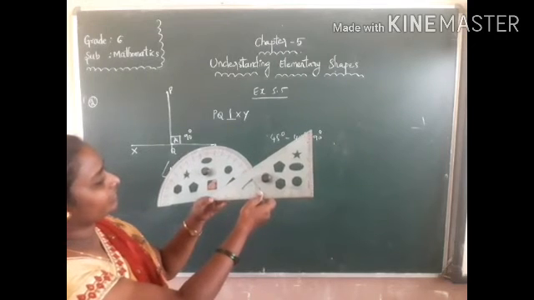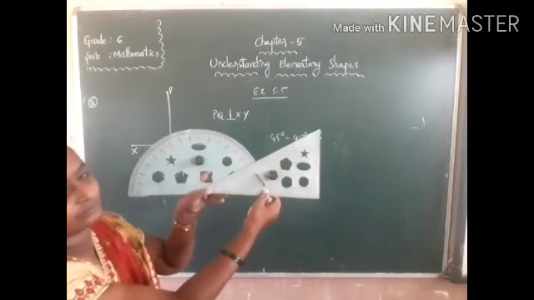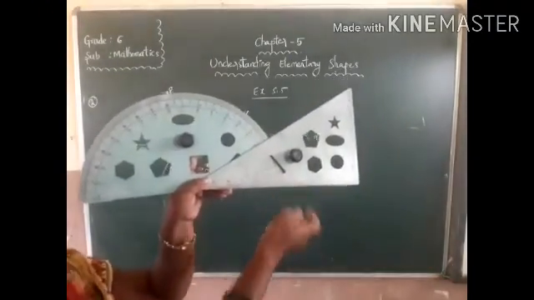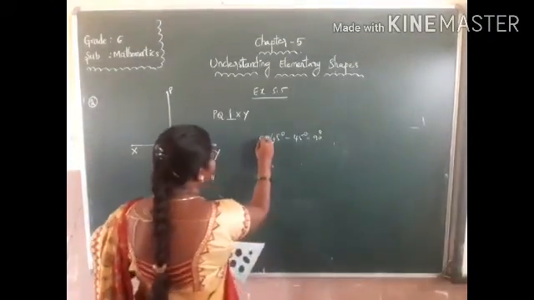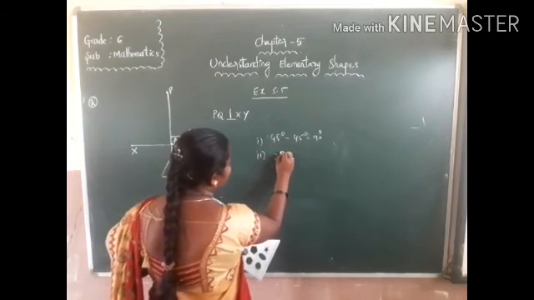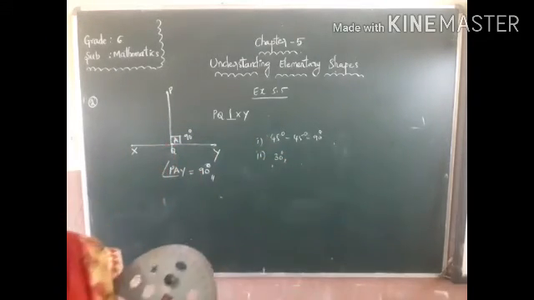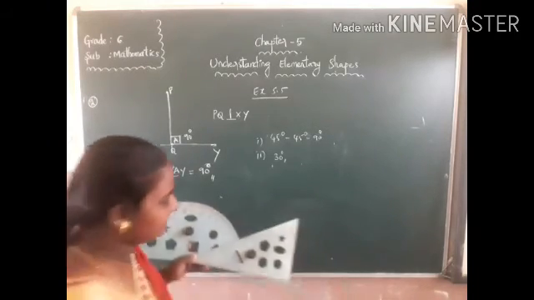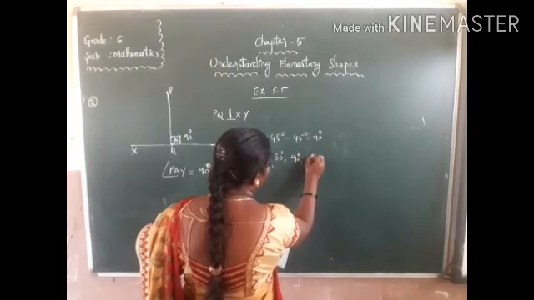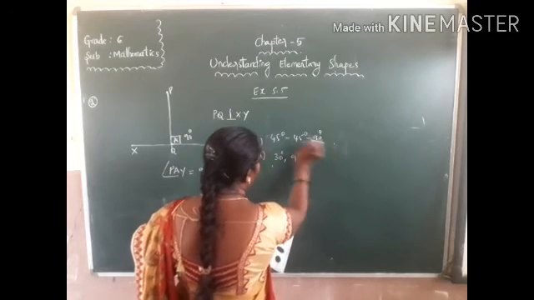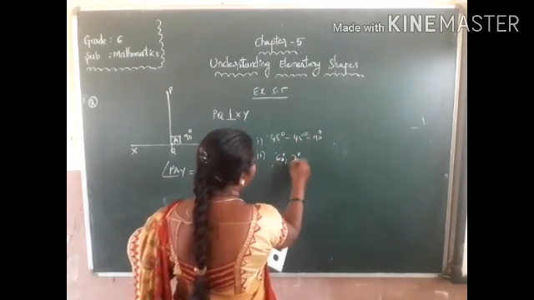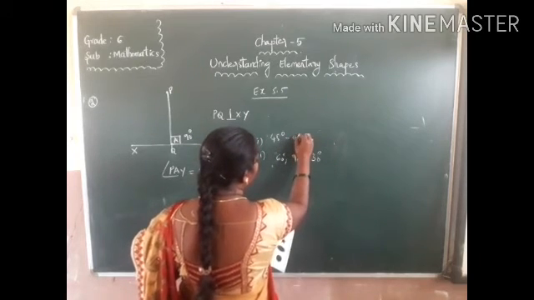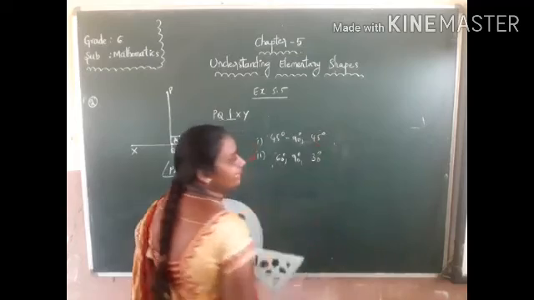And next, measure this angle. 30 degrees. So what is the other name of the set square? One angle is 30 degrees, 90 degrees, and 60 degrees. Or you may write 60, 90, 30. Or 45 degrees, 90 degrees, 45 degrees.